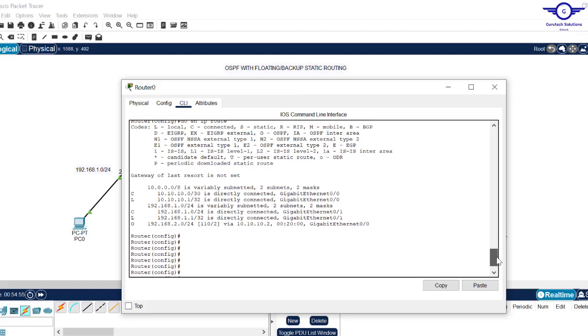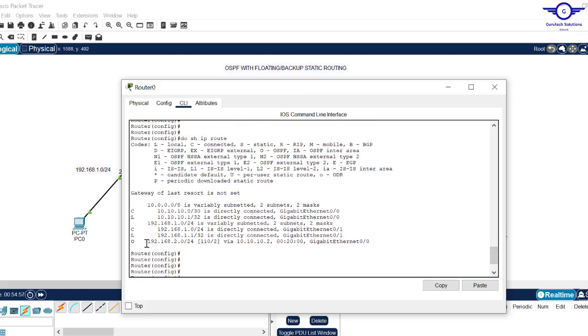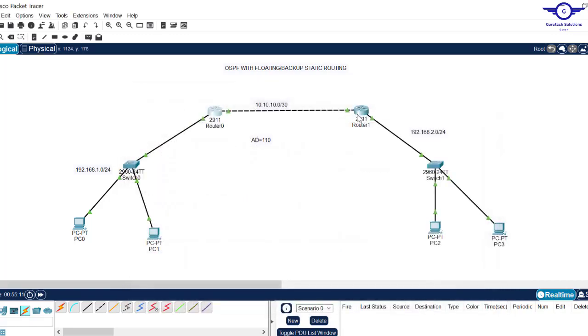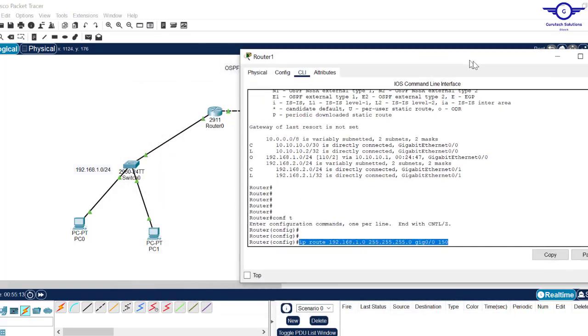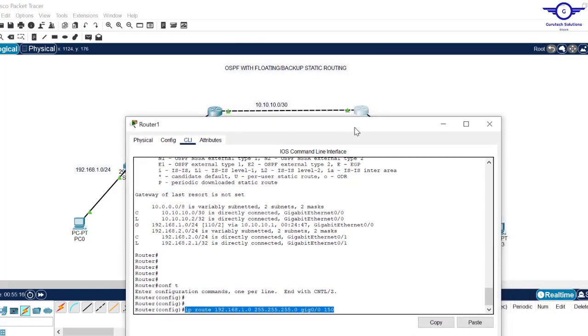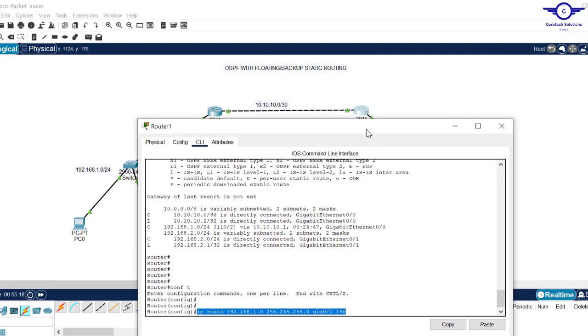So when I display the routing table, you can see OSPF is already here, going to 2.something. That's router 0, the same thing I did here. But I told you that there are two ways to configure a static route: you can configure an outgoing interface or the IP address of the next hop.